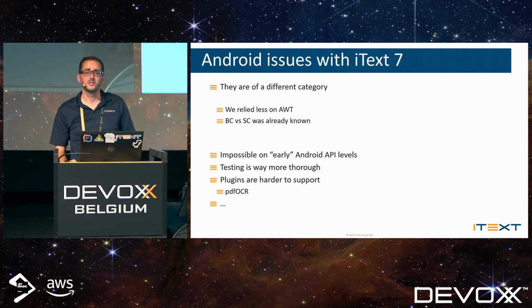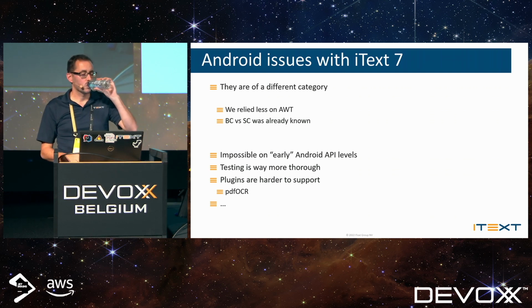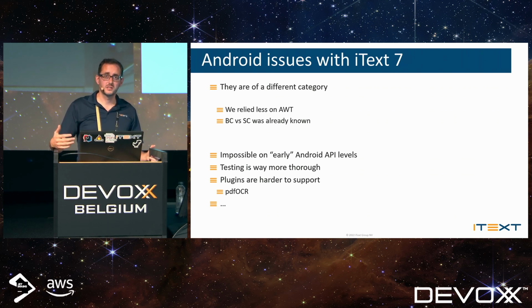So there's a few Android issues with iText 7. First of all, they're a bit of a different category. And that is because we relied less on AWT. We had a few changes in our build system and in the way that we deal with our Java and our .NET builds that have us rely less on AWT.